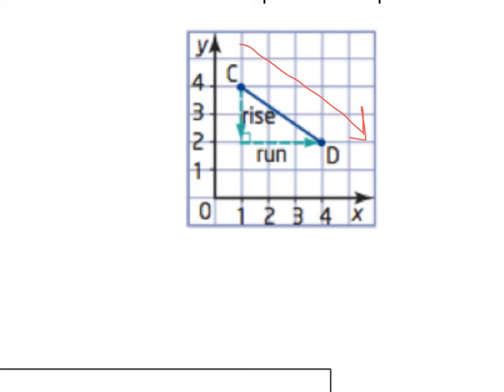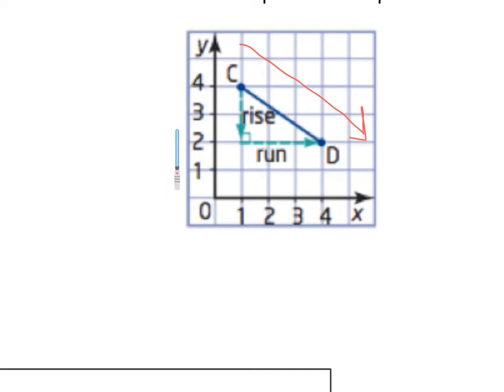If you're unsure of how to tell whether something is moving upwards or moving downwards, you always want to be scanning your page or your graph from left to right. If you have a pencil or a pen and you put it down on the leftmost side of your page and then slide it to the right, you can follow the direction of your graph. I have this little lightsaber that should be showing up on the screen.